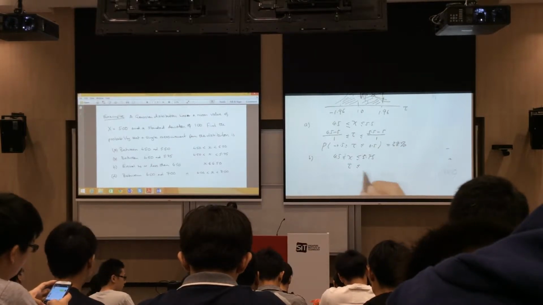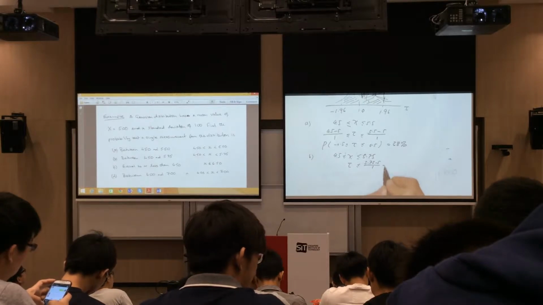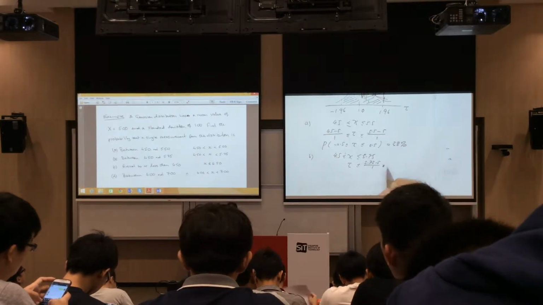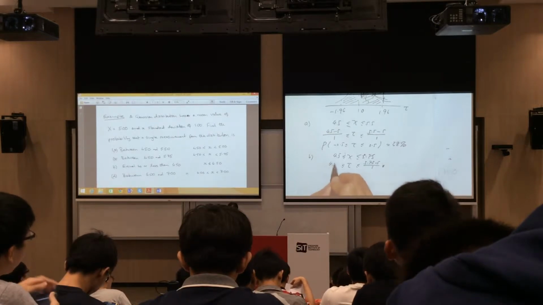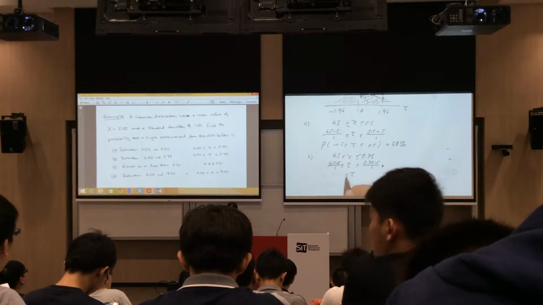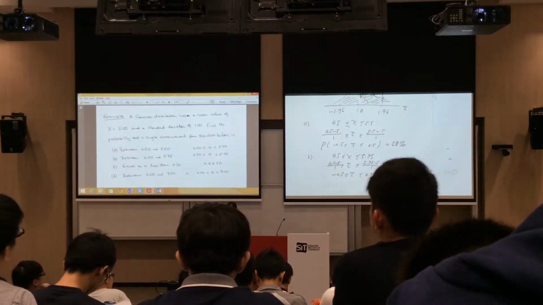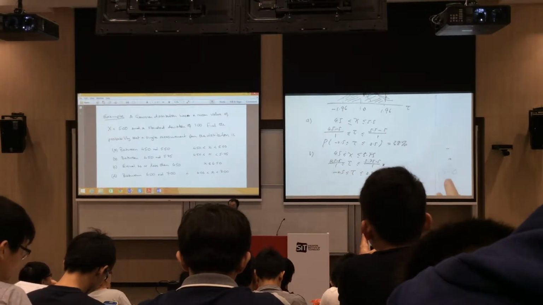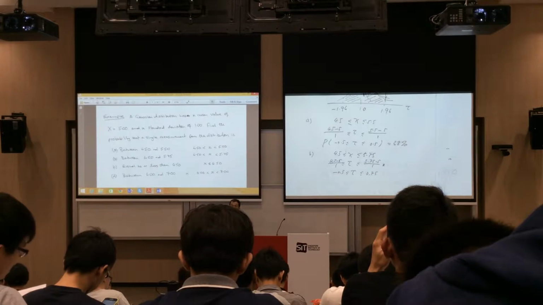This one will be 5.75 minus 5 divided by 1, and this side is 4.5 minus 5 divided by 1. Then it will be minus 0.5 to 0.75. If you notice, the tau value is not symmetrical anymore.